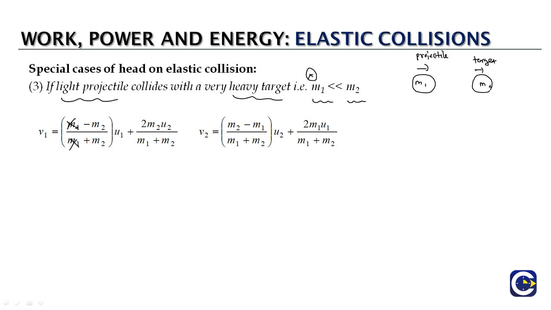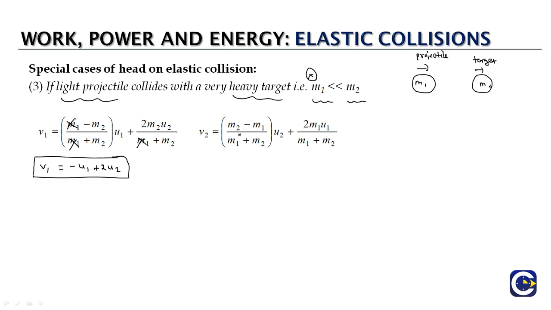In the first term, when we neglect M1, we have V1 equal to minus M2 by M2, which will be minus U1. The second term, if we neglect M1, will be plus 2U2, because it will be 2M2 by M2, which is 2U2. So this is the velocity of the projectile, which is a lighter one, after the collision.